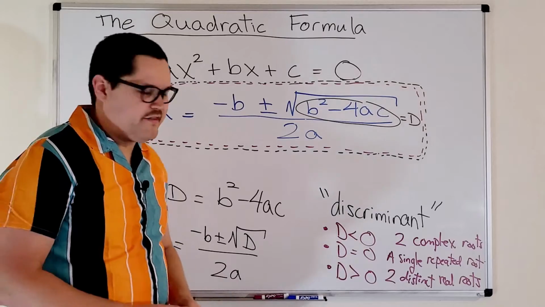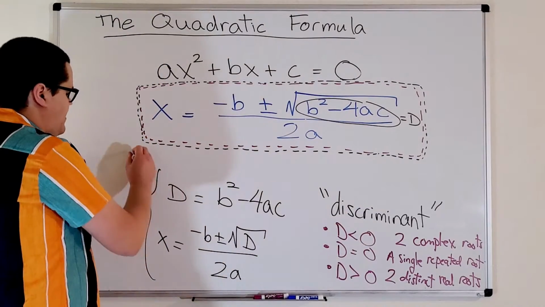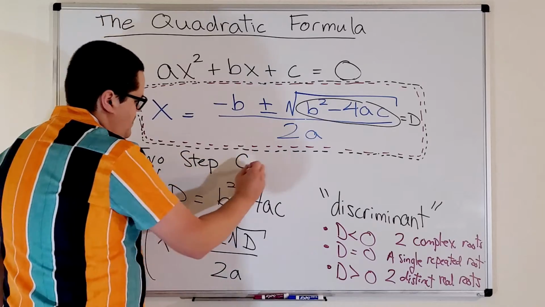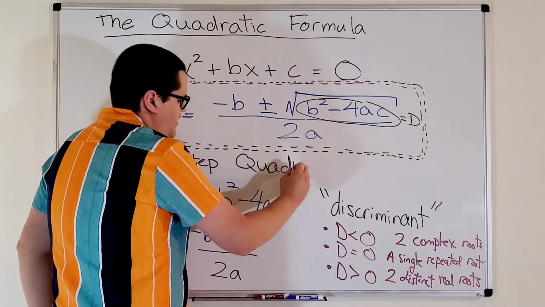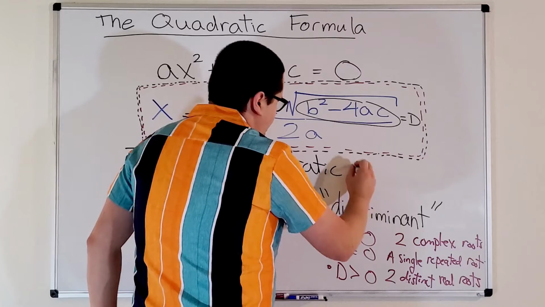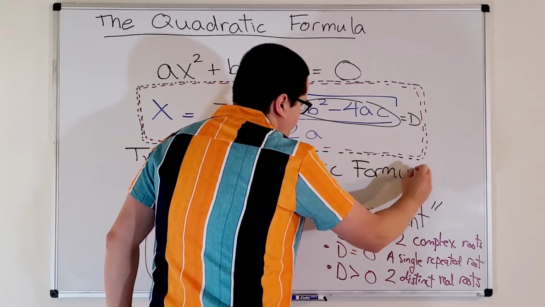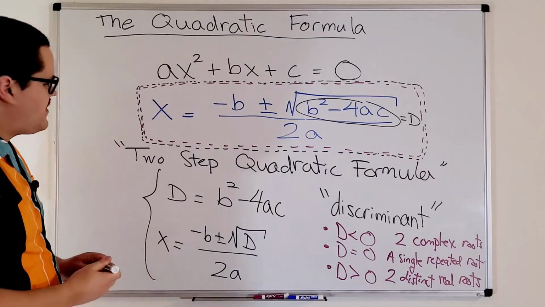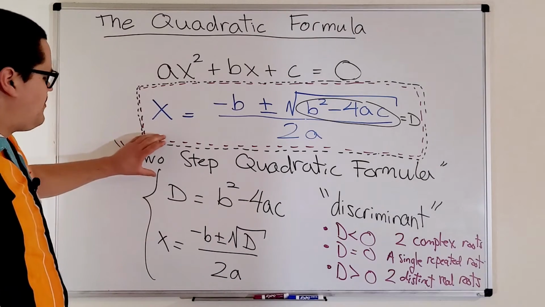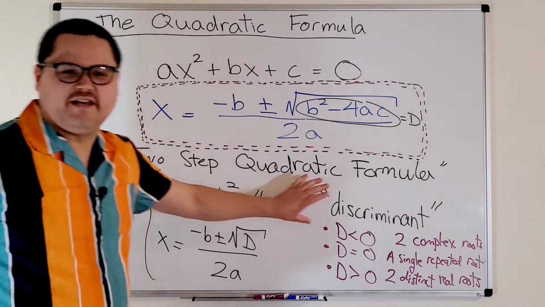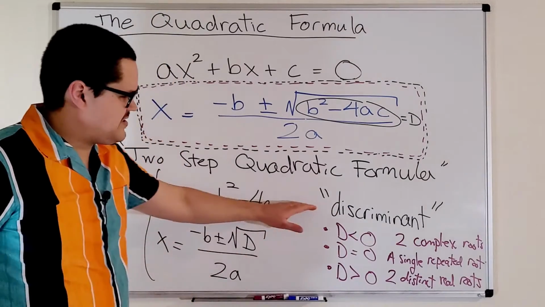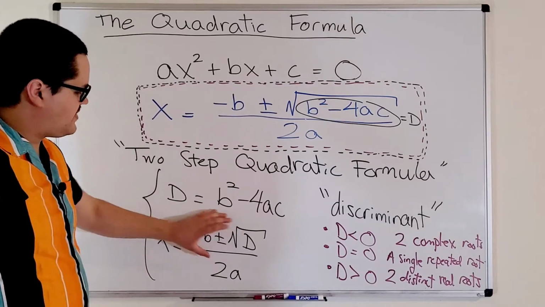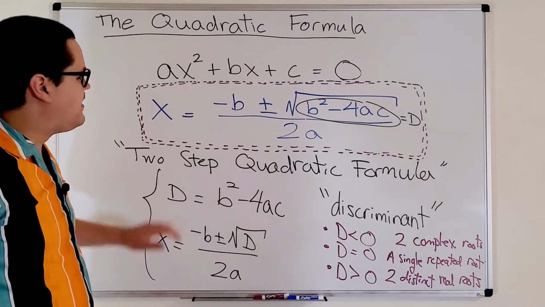So I like to call this the two-step quadratic formula. So in the two-step quadratic formula, we first compute the discriminant D, which tells us which of these three cases we're in, and then we find x using that discriminant.